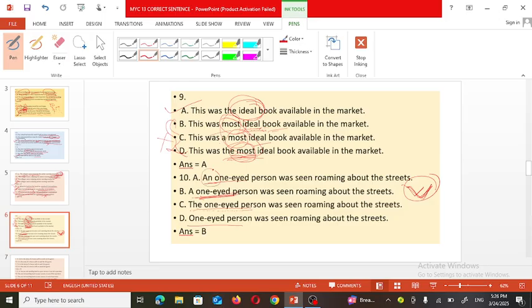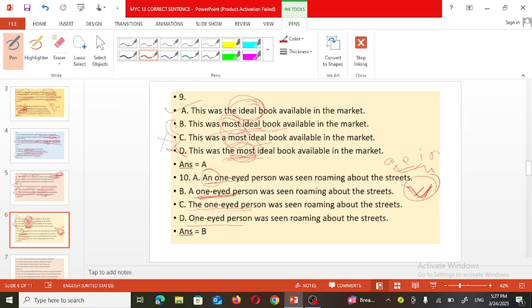That's why there is no need to use the article an. We use an when there is a vowel sound, that is A, E, I, O, and U. These are vowels, but the pronunciation must be like that.